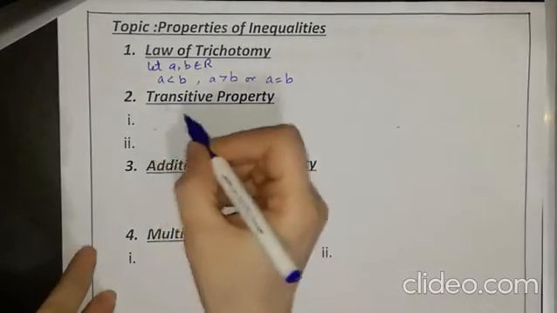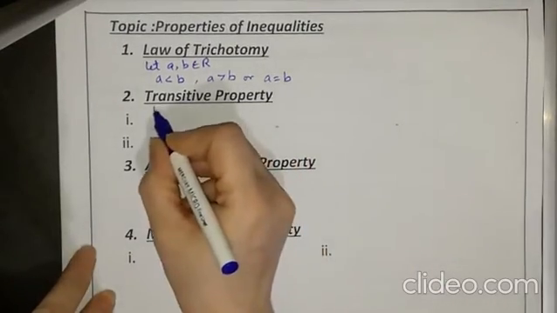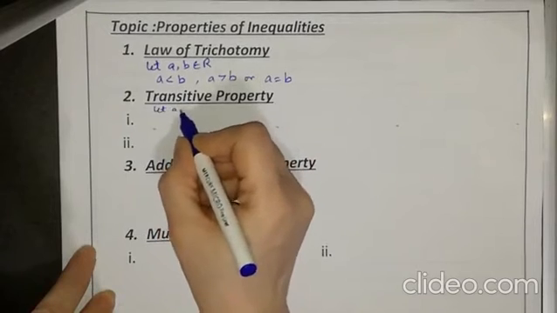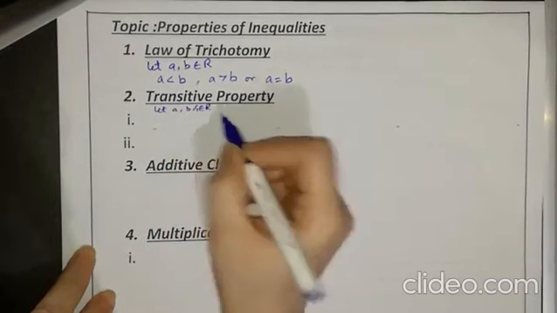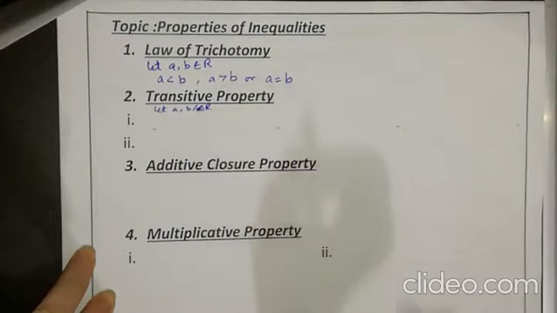Transitive property. Let A, B, C belong to R. We have three members in the transitive property.